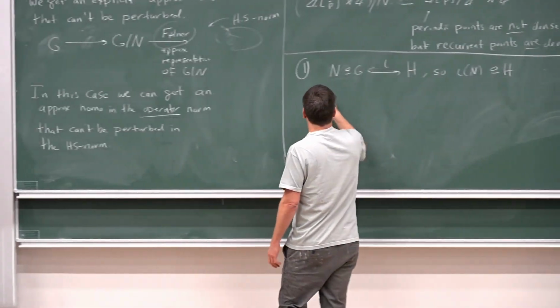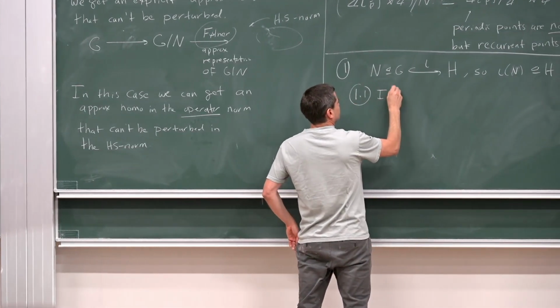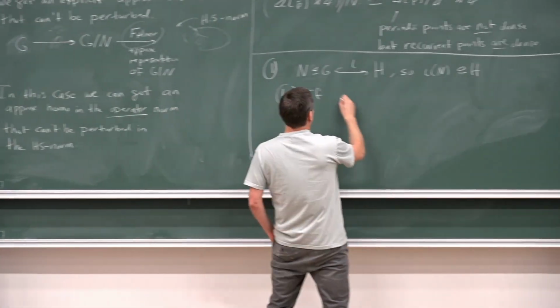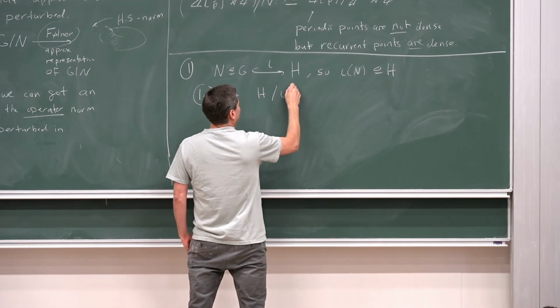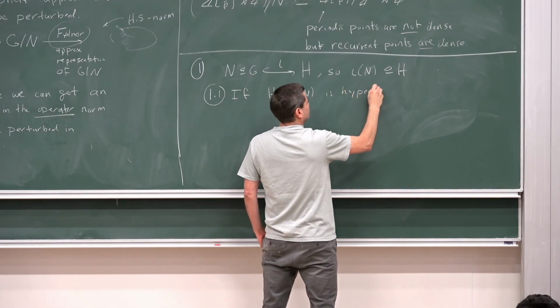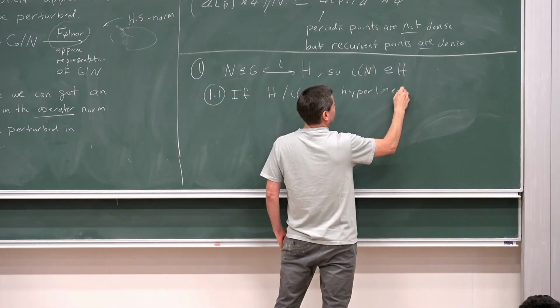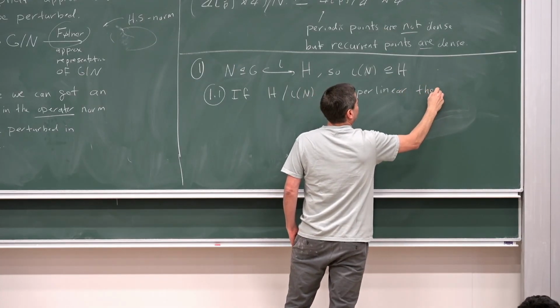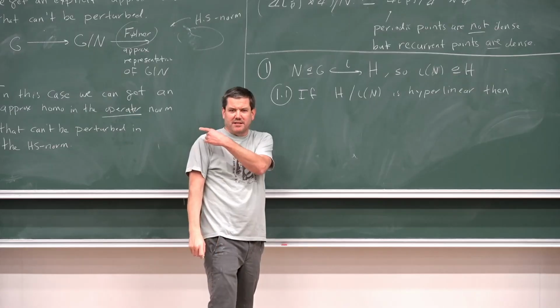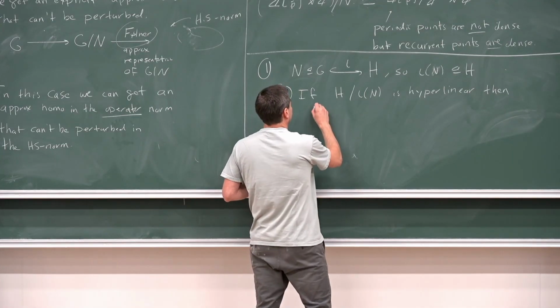1.1. So if H mod iota of N is hyperlinear, then H is not Hilbert-Schmidt stable, right? Basically the exact same proof.